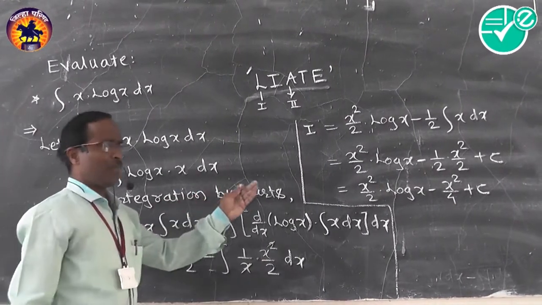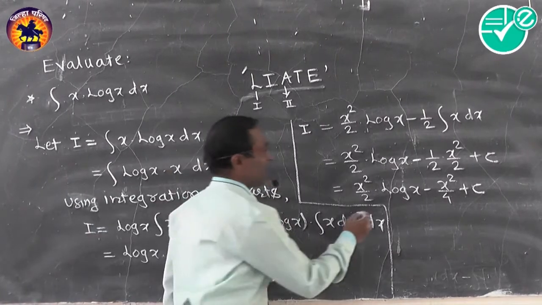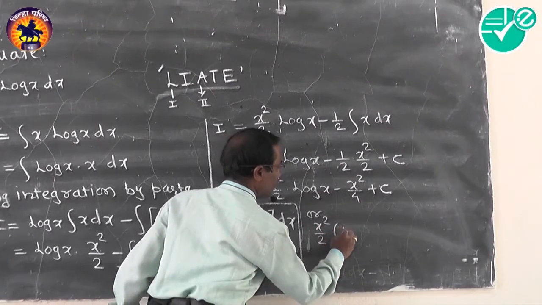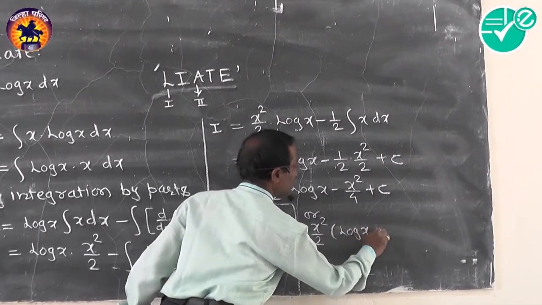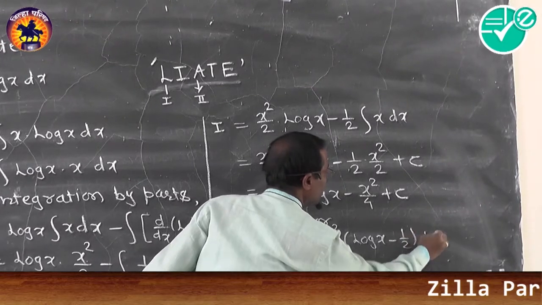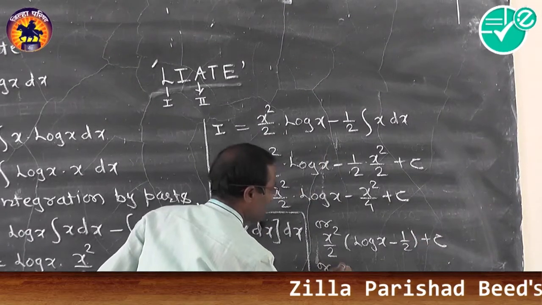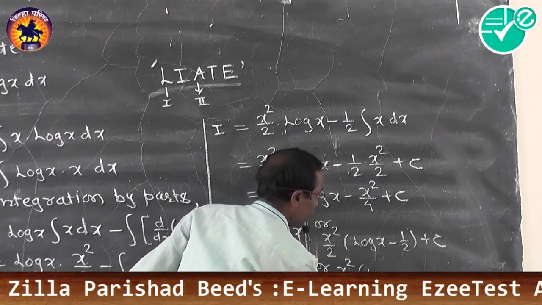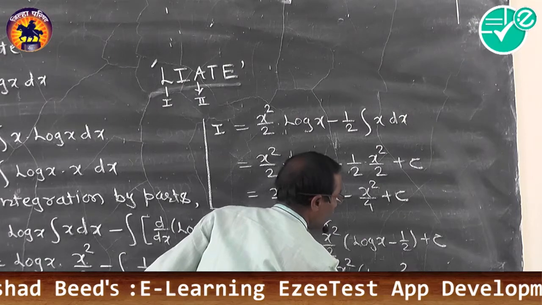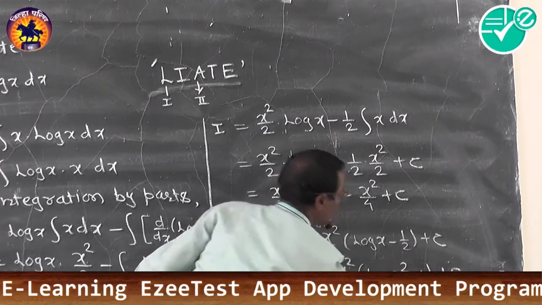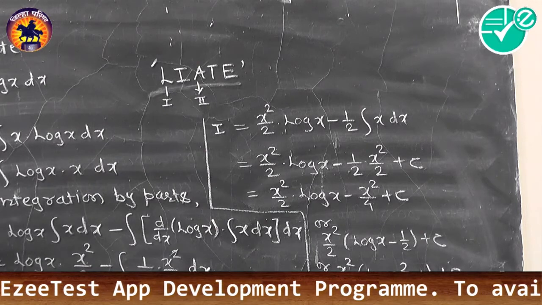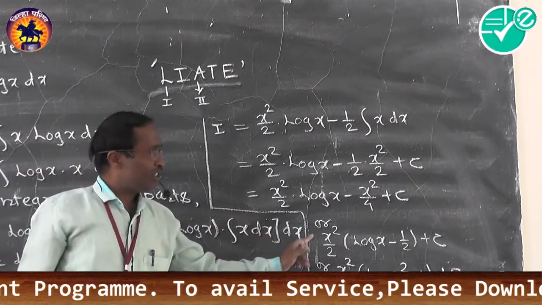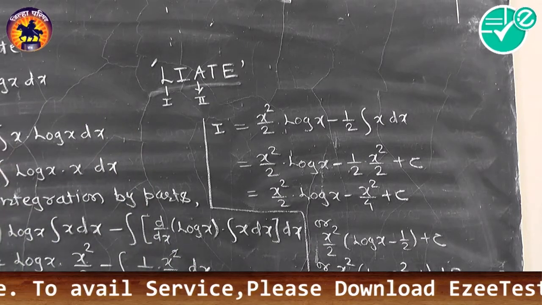This answer can be written in another form also: taking x square by 2 common, we get log x minus 1 by 2 plus c, or this can also be written as x square upon 4 into 2 log x minus 1 plus c. These are the different forms of the answer. This is sufficient for the board, for these two answers, for MCQ.